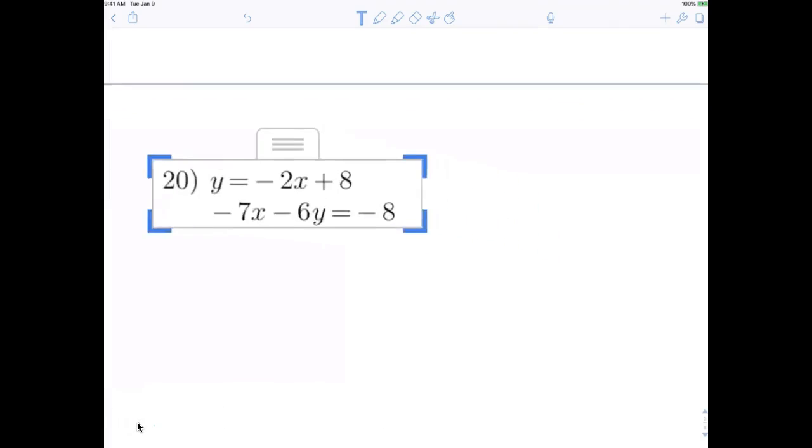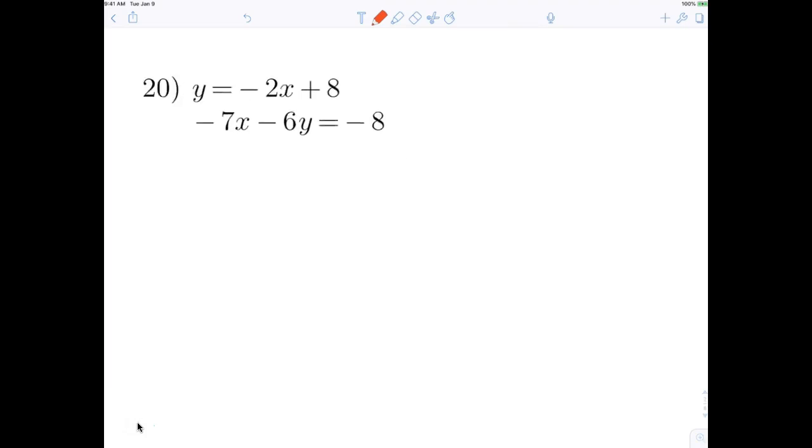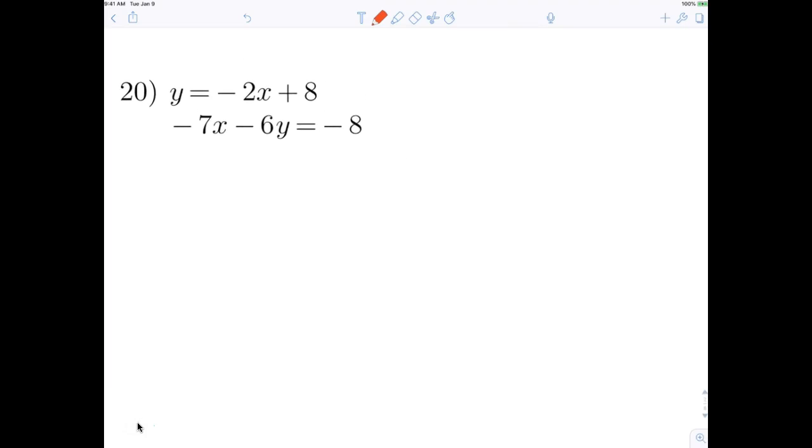Okay, Julian, you ready? All right. This is called substitution. So I want you to grab number 20 and put it where you can do the problem. Now please look up here and see what I'm saying.